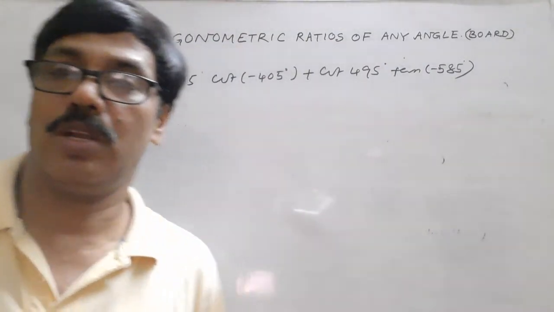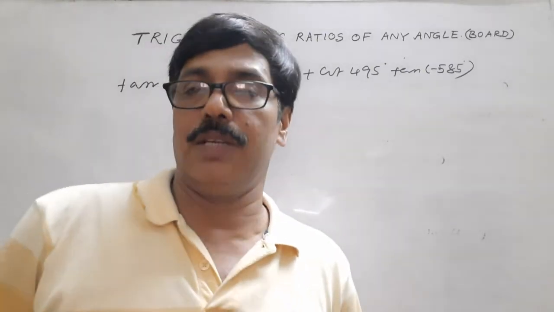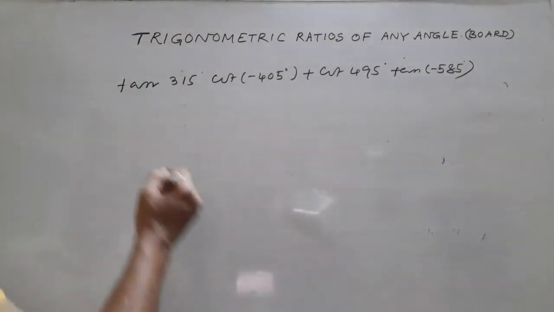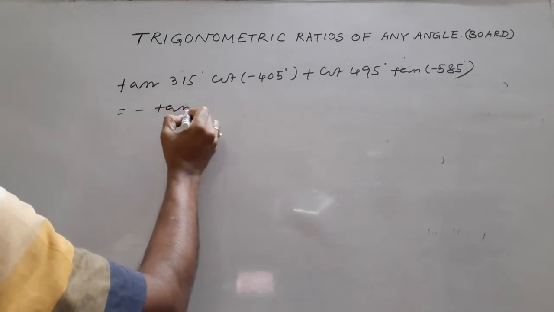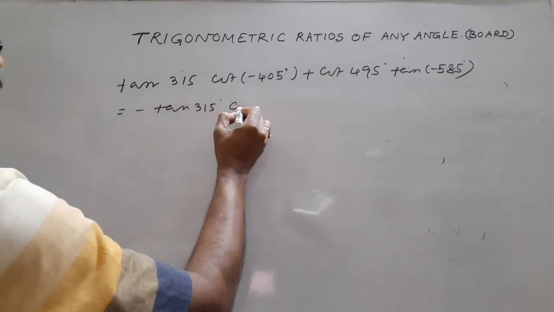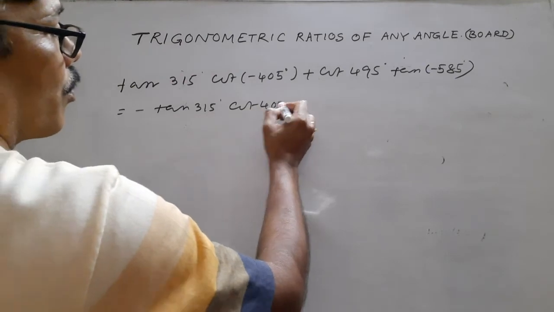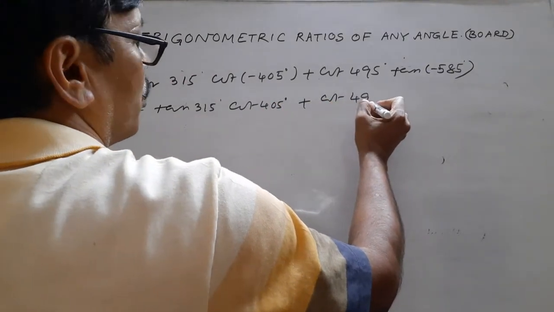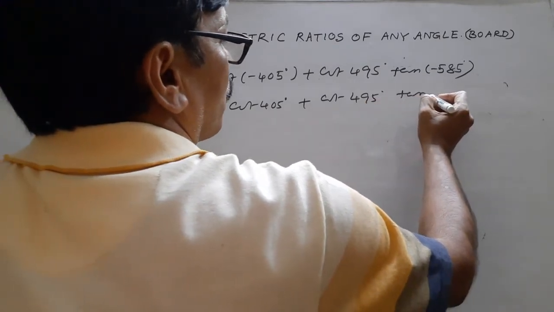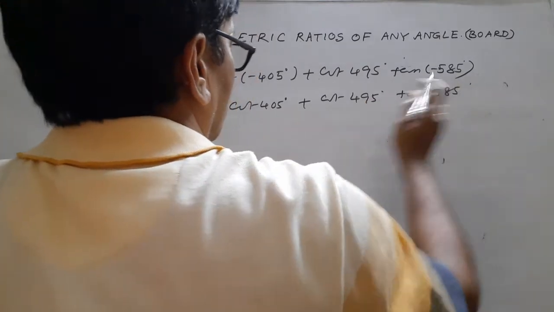Now convert the negative ratios to positive. Cot of minus theta is minus cot theta, so this one is plus, cot 495, and tan 585 degree.